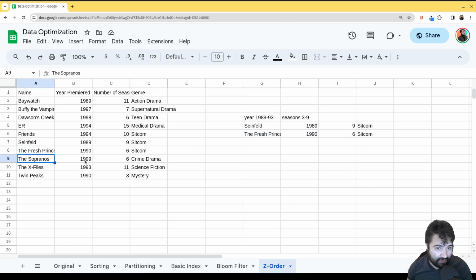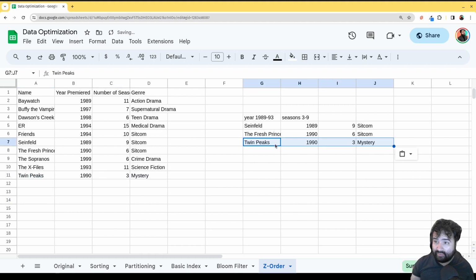Sopranos, 1999, nope, that's outside of our range. X-Files, 1993, right there on the cusp, but is it? Nope. Twin Peaks, 1993, yes. So this show would be here, and this would technically be probably one Parquet file, or maybe a series of Parquet files with this particular clump of data.